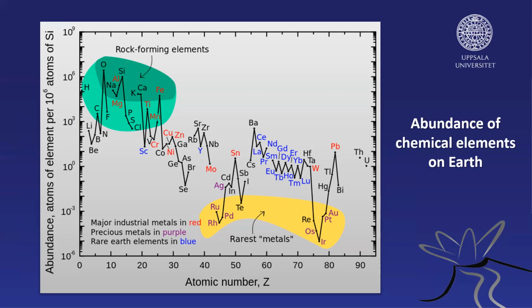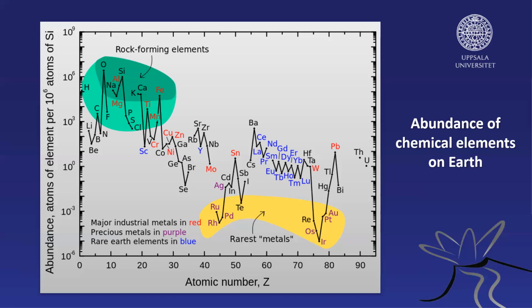What you have to understand from this plot, basically, is that most of the rock forming elements, the chemical elements we find in common minerals of common rocks on Earth, like a basalt or a granite, that's silicon, aluminum, sodium, magnesium, calcium, iron, they are quite abundant.